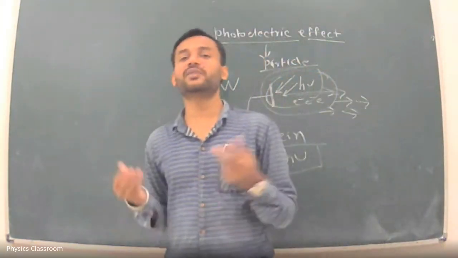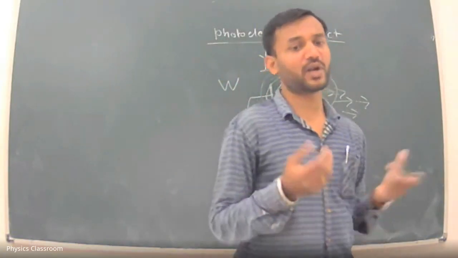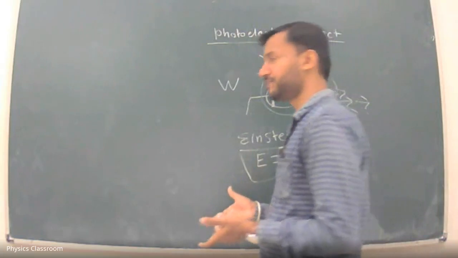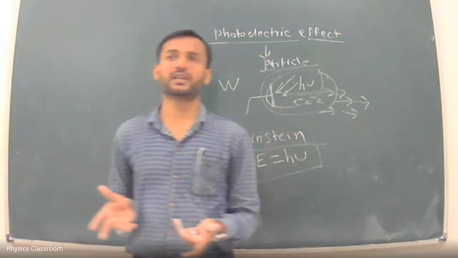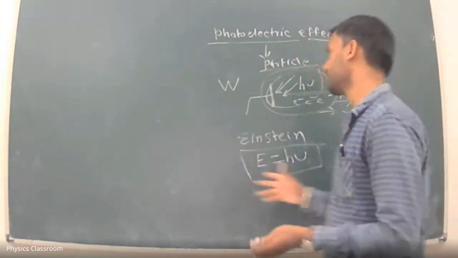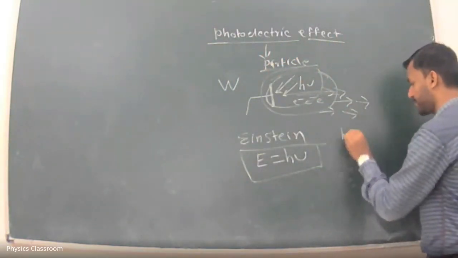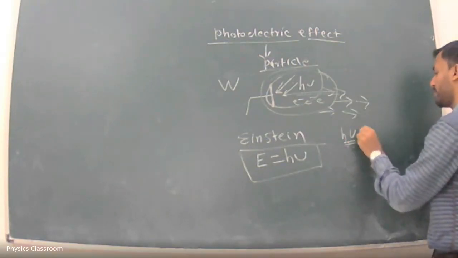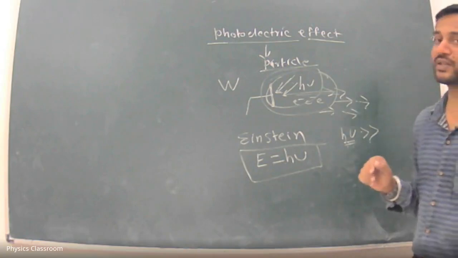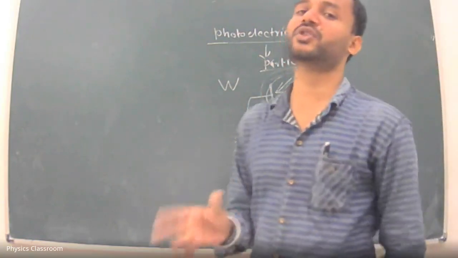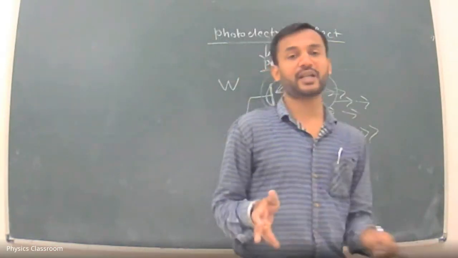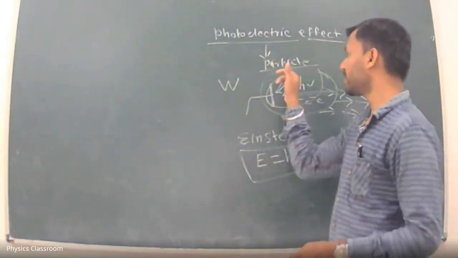But we only know the definition of the photoelectric effect. Behind the photoelectric effect, there are some theories. Firstly, the photon h nu needs a higher frequency. Only with a higher frequency photon, that is, more photon energy, does emission of electrons take place.